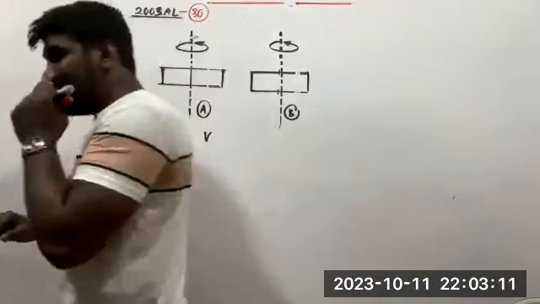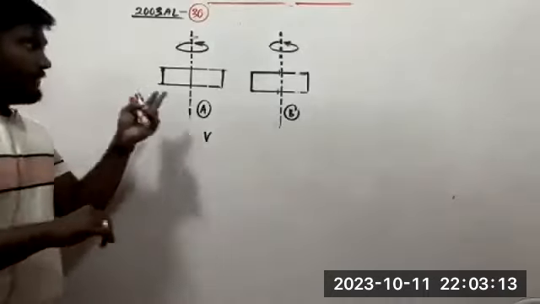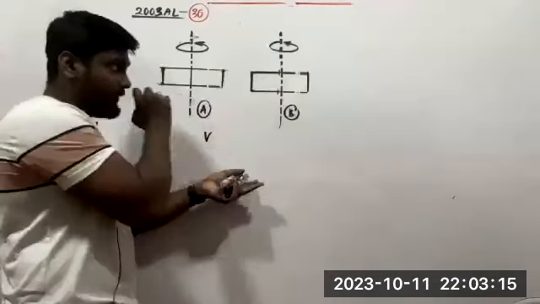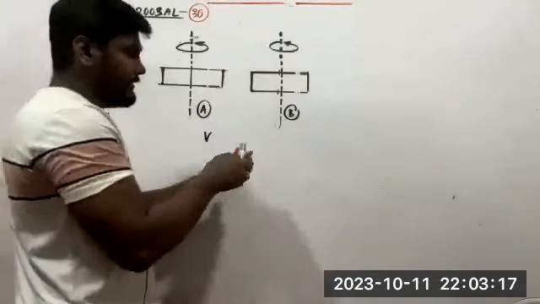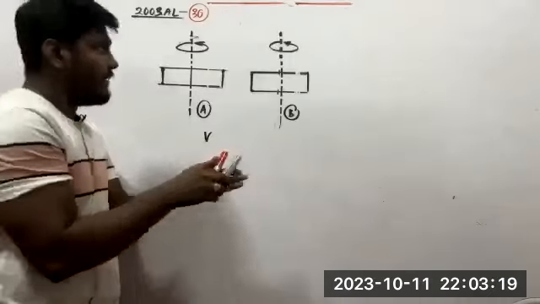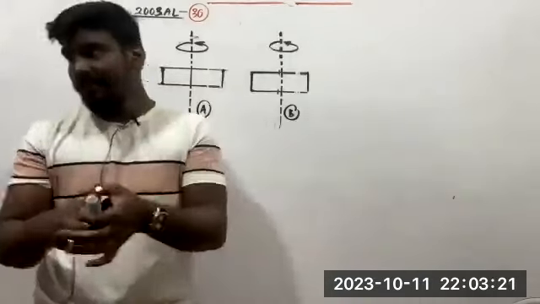Right. Okay. Now in this case, they mentioned both of them have the same dimensions, which means both have the same volume, but their masses are different. Why?